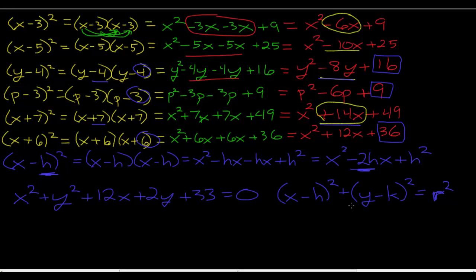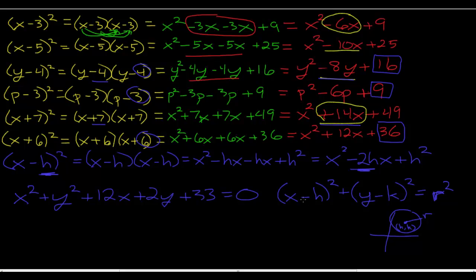And if we have a circle of this format, then we have it centered over here. It's not a great circle, but you get the idea. It has a radius of r, and the center is h comma k.